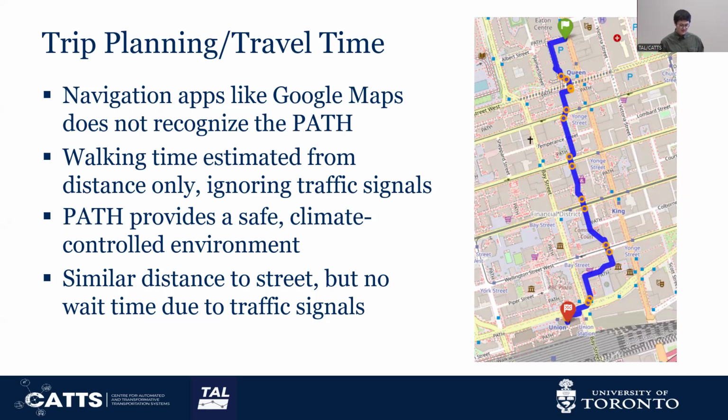Obviously, this provides a safe and climate-controlled environment, which is very desirable in the winter in Toronto. Another benefit is that you will no longer be stopped by traffic signals. So even though this route is somewhat longer than the street route, the fact that you don't have these traffic signals means that this is probably going to be faster as well.